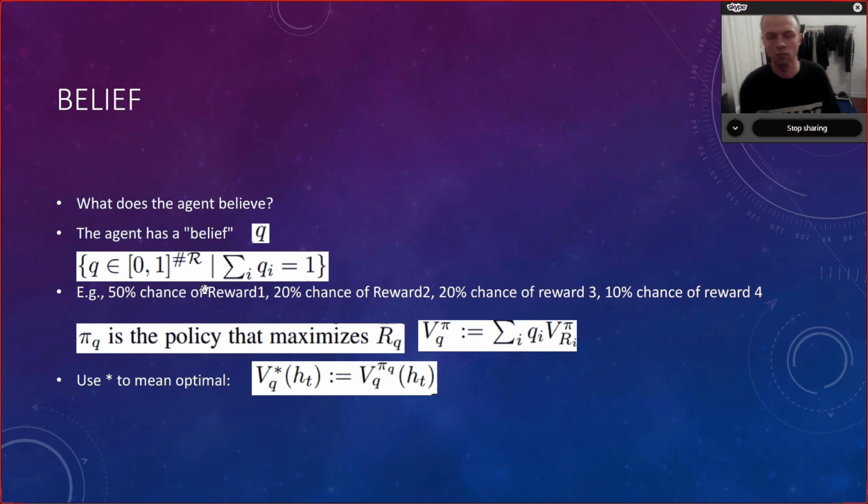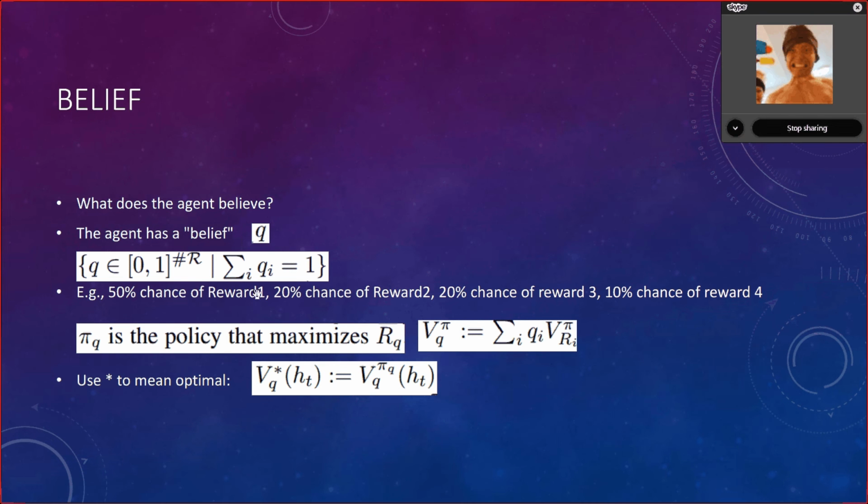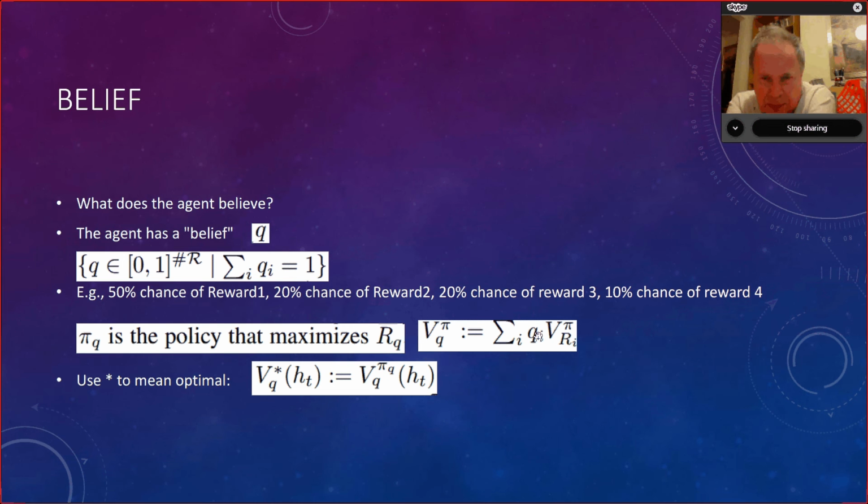So if you believe there's a 50% chance that spades are what gives you reward, then you should add a factor 0.5 here when you add how much value you get from spades. And if hearts, there's only a 10% chance, you should have a factor of 0.1 here in front of how much reward you get from that.